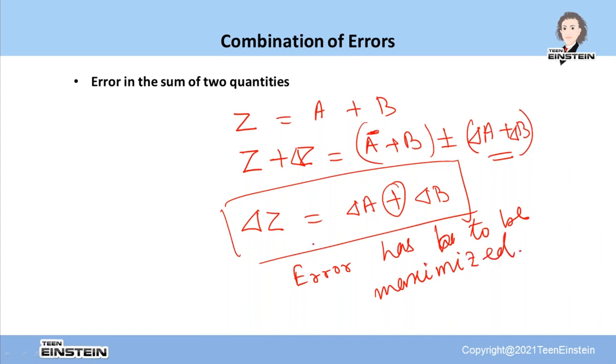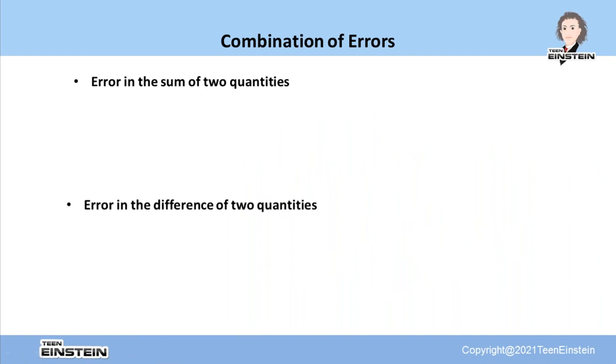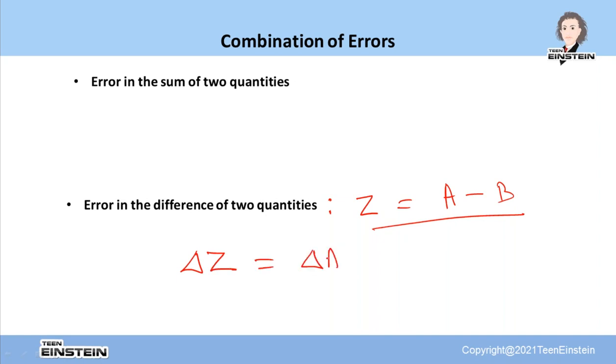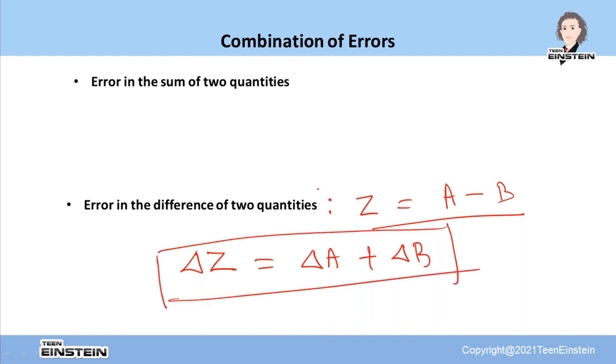Okay. So this is the rule for summation. Now we'll see what happens when we take the difference or subtraction. Same quantity z, I'm just subtracting b from a. So what will be delta z? In this case also, the individual absolute errors will be additive.